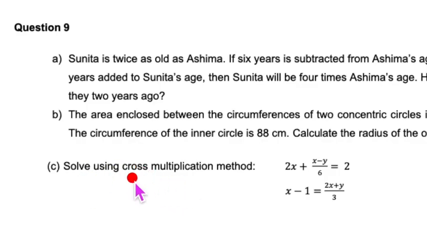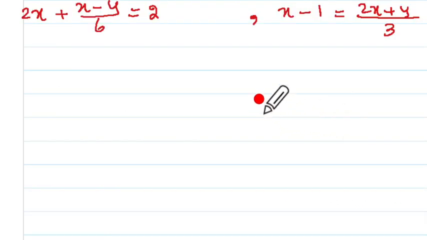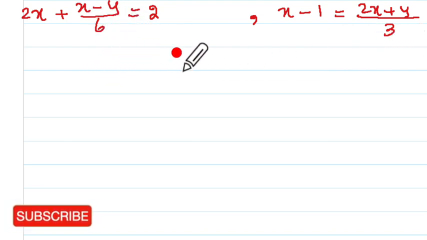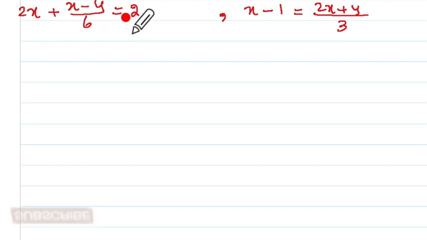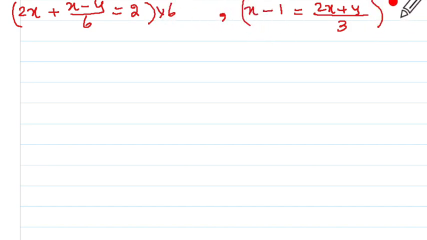Now question 9c, solve using cross multiplication method. Let us write this first. So this is our question 9c, and we have the two simultaneous equations with x and y. First step will be to make them into a friendly format, like remove the denominators. So I will multiply this full thing by 6 and this full thing by 3.